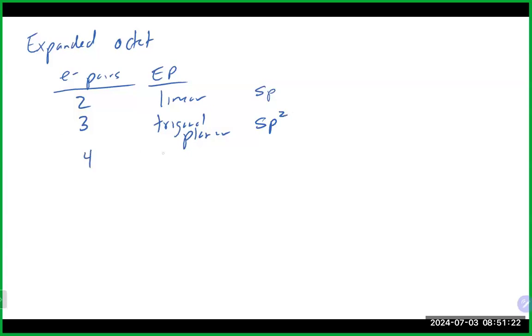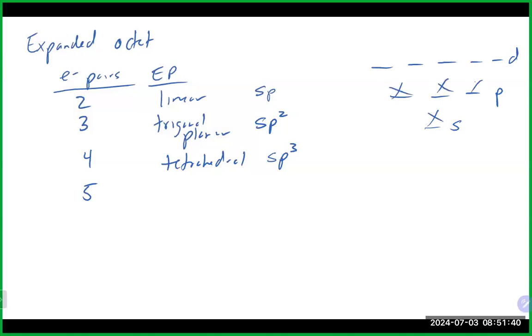We have our 4, which is our tetrahedral. That's an S, a P, and a 3, which is 4 letters. We have 5, which is our expanded octet. So if we look at 5, it is 1, 2, 3, 4, and 5. I've used an S. This is, by the way, our trigonal bipyramidal.